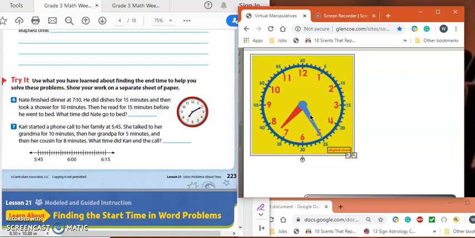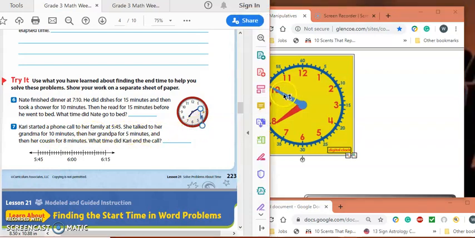And then he did 10 minutes in the shower: 5, 10. And then he did another 15 minutes of reading: 5, 10, 15. So Nate went to bed at 7:50.